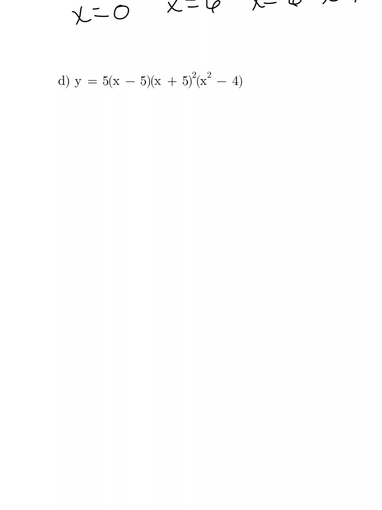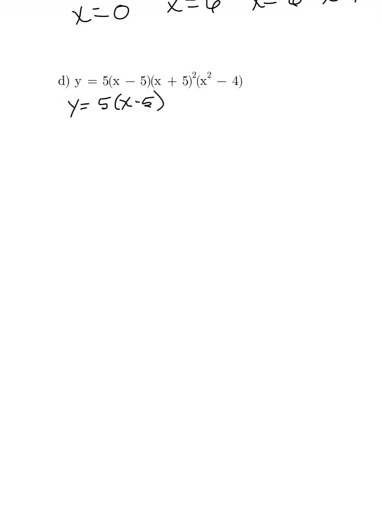On our next example, we have y equals 5 times the quantity x minus 5 times the quantity of x plus 5 that's being squared times the quantity of x squared minus 4. What you need to recognize about this one, the first two items are both just to the first power.